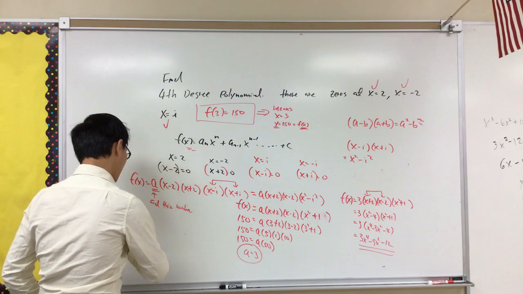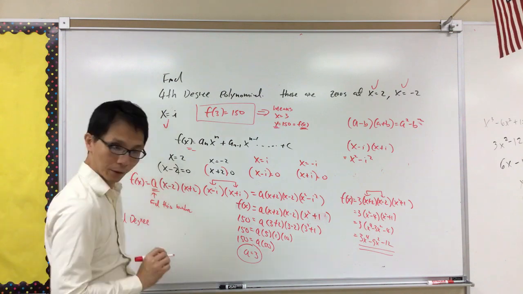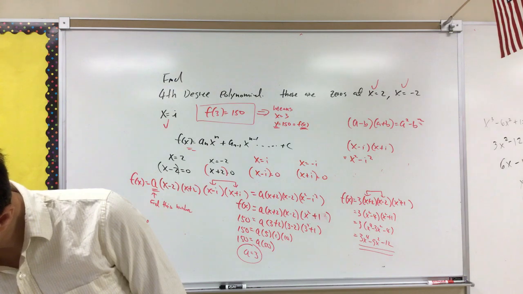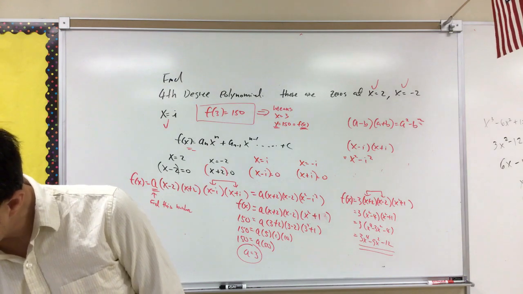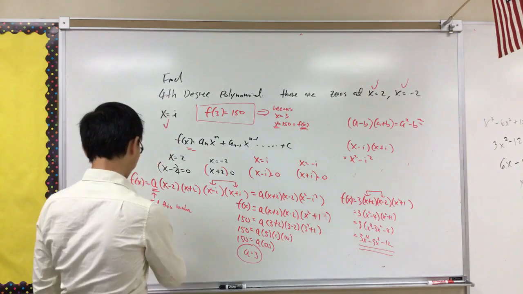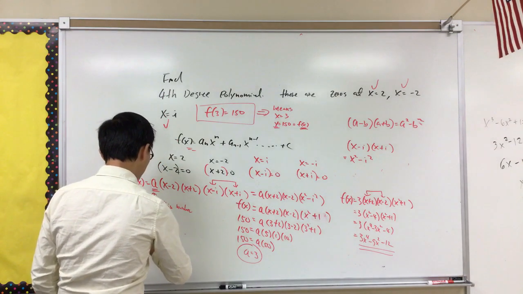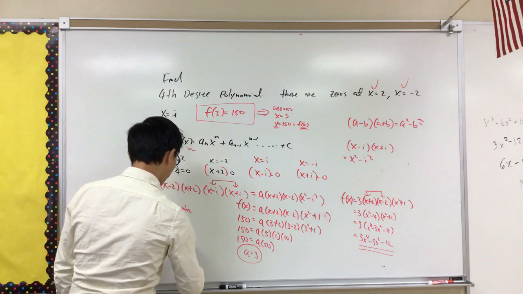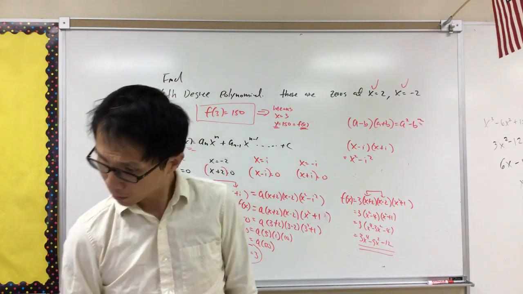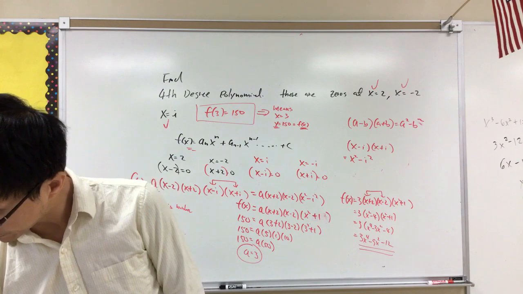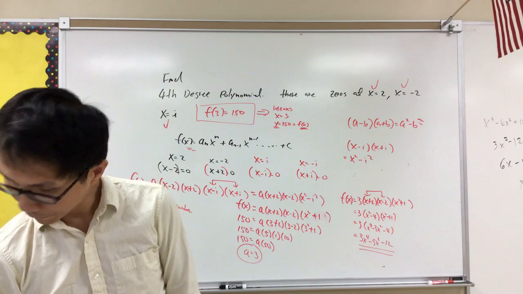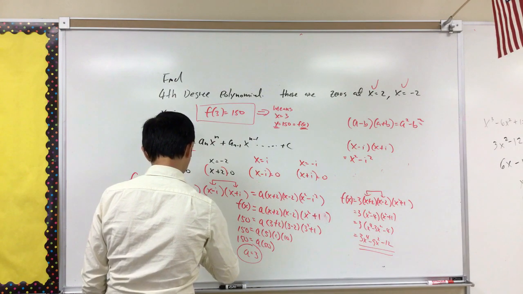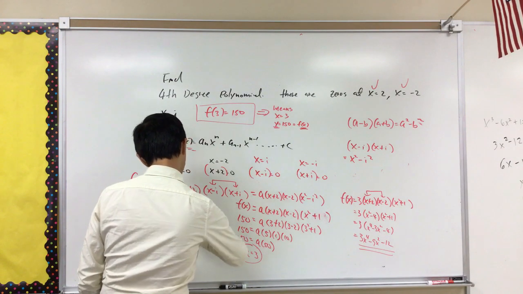I'll give you 2 zeros. x equal to negative 3 is a zero, x equal to i is a zero, and f of 1 is equal to 8. Let's do 8.